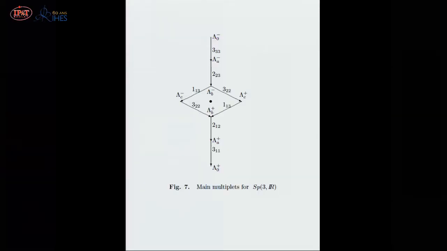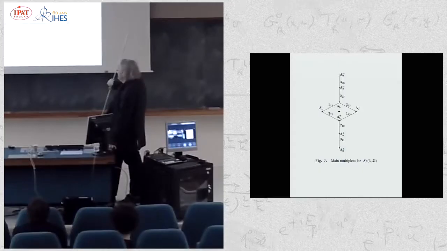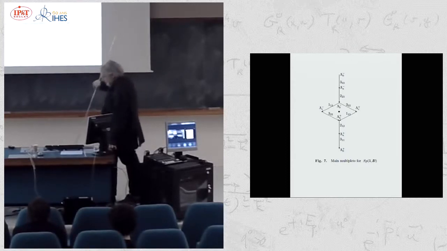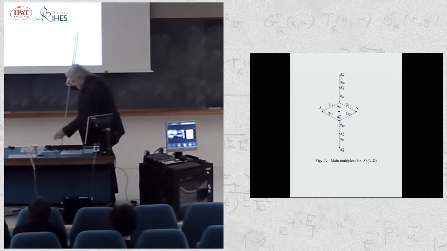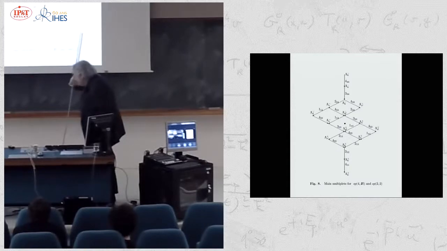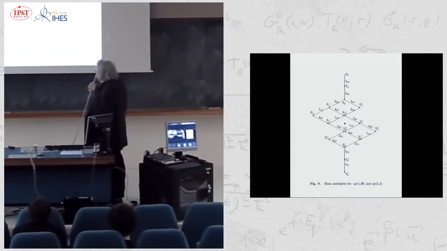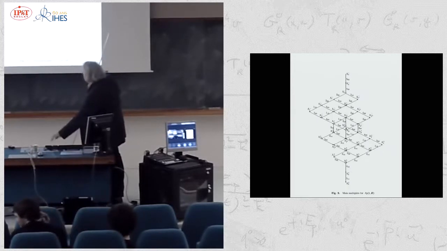So SP(3) is very simple. It's a little like one of the conformal ones, but there are different roots entering, and it cannot be the same in principle. Okay, so you see here things are going more complicated, but not so quickly.